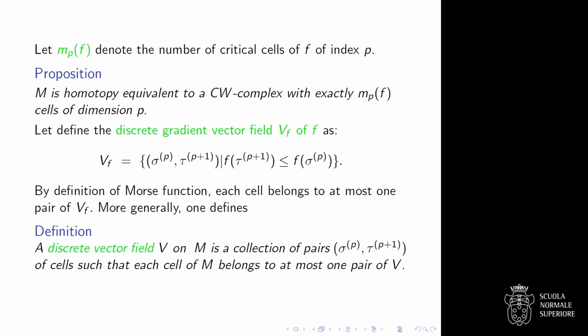Yes, we asked that sigma_p is smaller than tau_{p+1}; I just gave it for granted, sorry. In our context, essentially, it means that it's in the boundary.